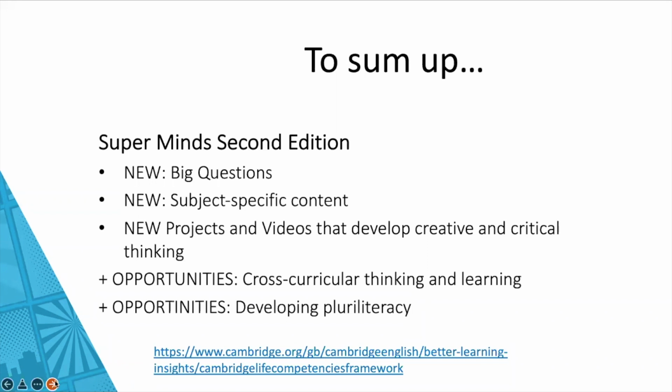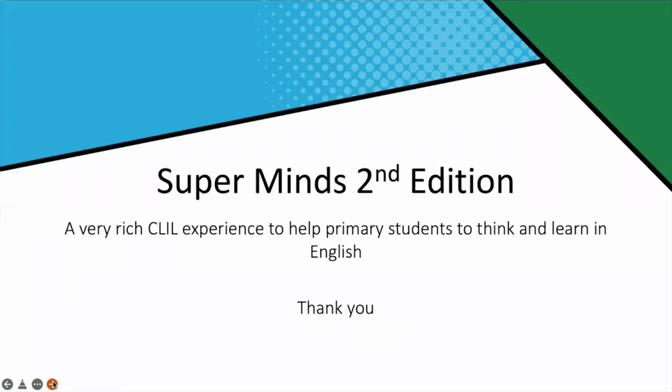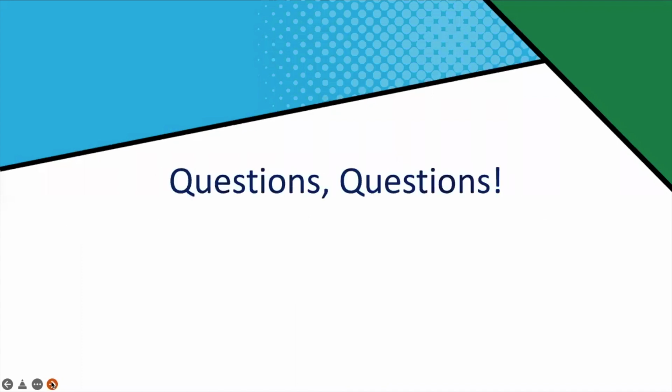In other words, Superminds provides a very rich and authentic CLIL experience to help primary students think and learn in English. Thank you. And now over to you for questions.